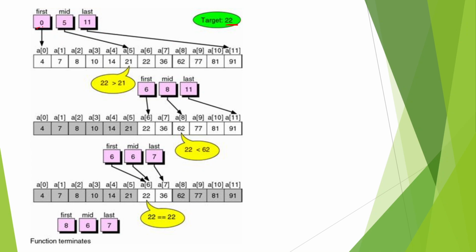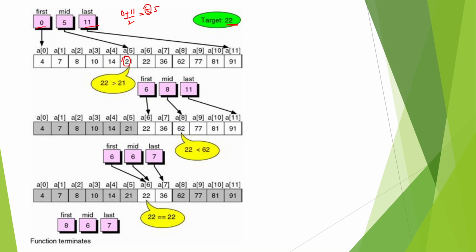So first is 0, last as you can see is 11, and 0 plus 11 divided by 2 will be something like 5.5, but we consider only the whole number. So my mid became 5. The whole list is in sorted order. The list should be in sorted order if we want to apply binary search. So mid 5, here it is 21.